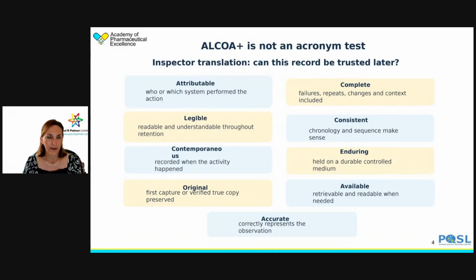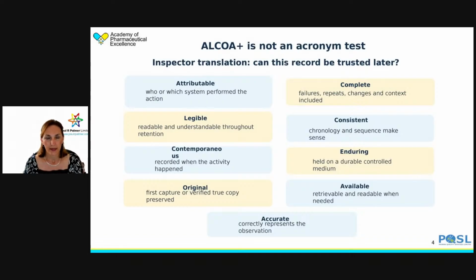ALCOA Plus is often taught as a list of words, but what inspectors do is use it as a practical test of trustworthiness. So, attributable means we can identify the person or validated system responsible for the action. Shared accounts immediately weaken that assurance.